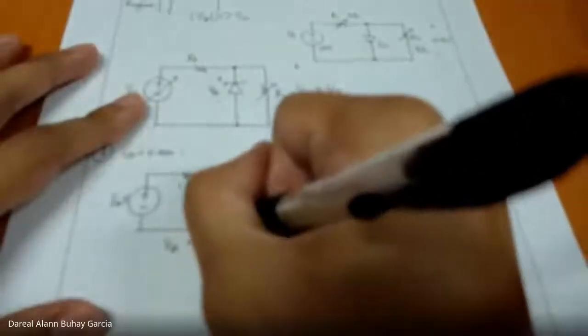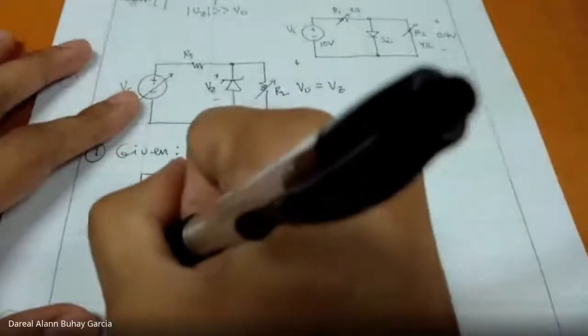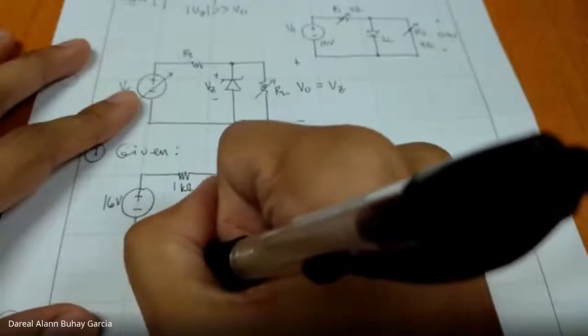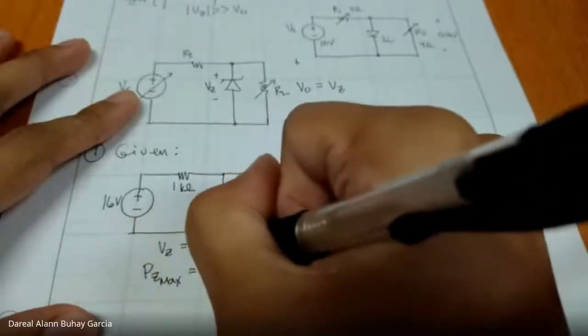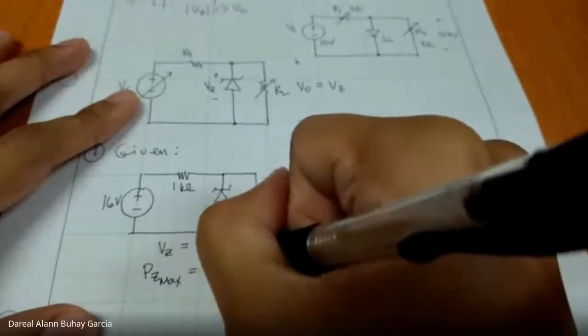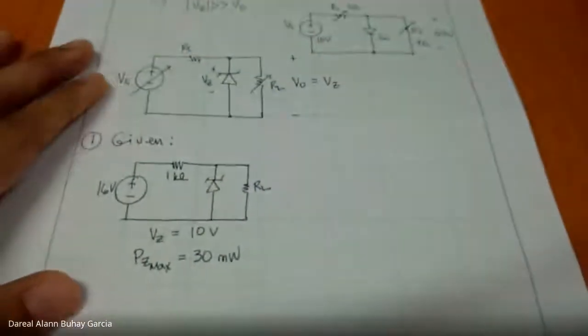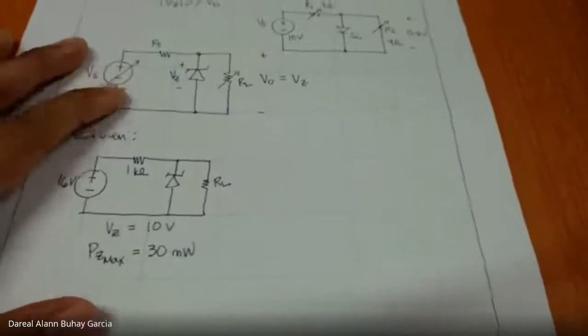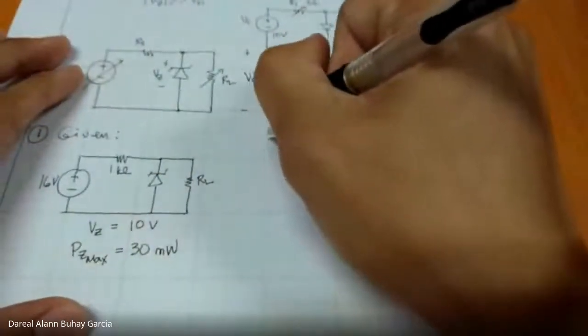VZ is equal to 10 volts. And PZ max, yung power rating, is 30 milliwatts. Okay? What we need to find?